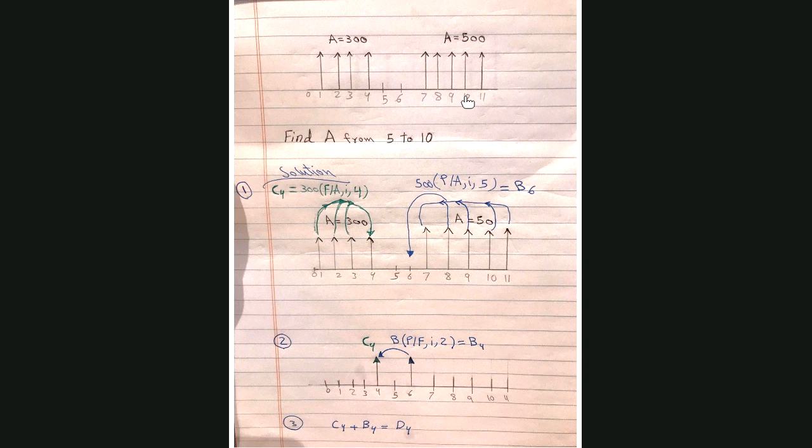What is the first step that we need to do? The first step is to convert the annual to a single value. Exactly. You need to convert it to a single value so you can then move it over the cash flow.